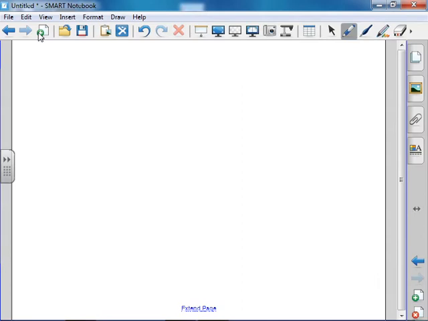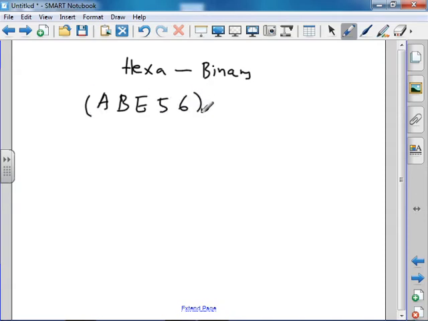In this session, we are going to convert the given hexadecimal number into a binary number. The given hexadecimal number is A B E 5 6, base 16.